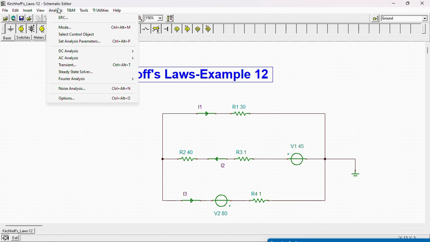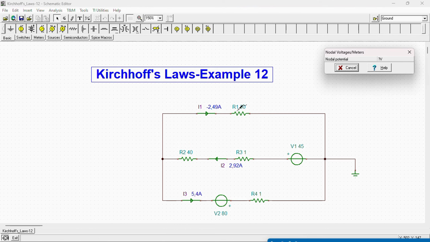Let's go to analysis. This says analysis, and we calculate nodal voltage. We can see here that the current I1 is negative 2.49, I2 is 2.92 amps, and finally I3 is 5.4 amps. Those values are almost the same values we obtained with calculation.